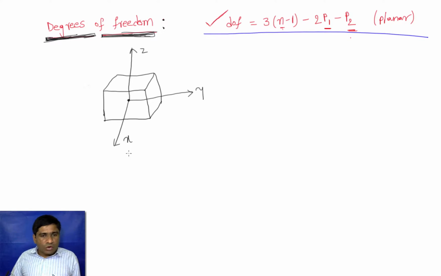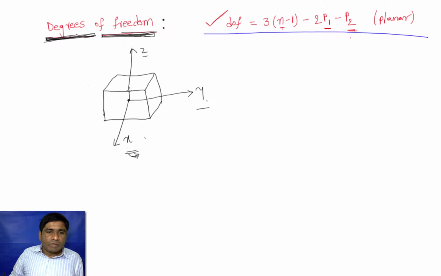We always follow this convention. This is the right hand thumb rule. For example, my right hand is going from x to y axis, and this thumb indicates the z axis. But if you consider x here and y here, then automatically z goes in the downward direction. So we always stick to this right hand thumb rule.